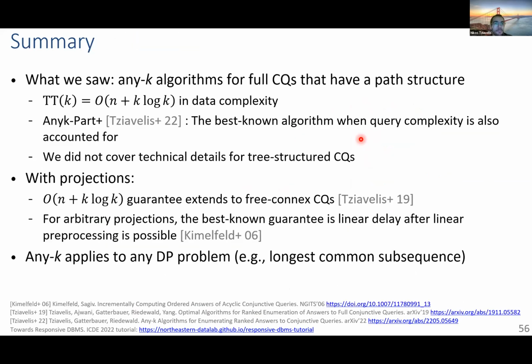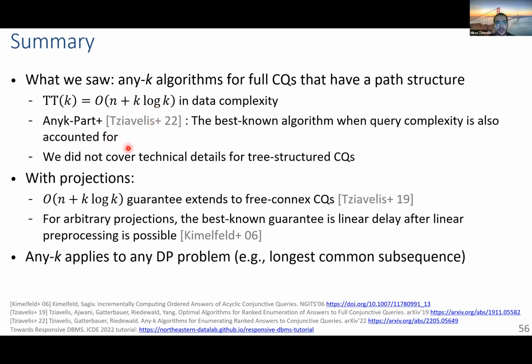And so as a summary, we saw different Anyk algorithms, which, if you have a full conjunctive query with a path structure, have a data complexity of n plus k log k, which is only logarithmically more expensive than unranked enumeration.